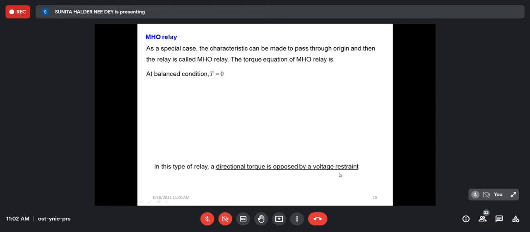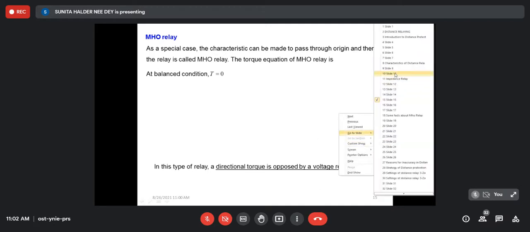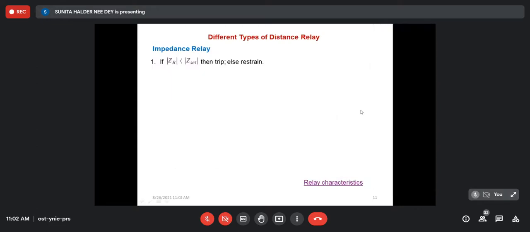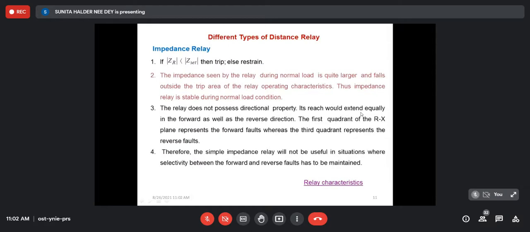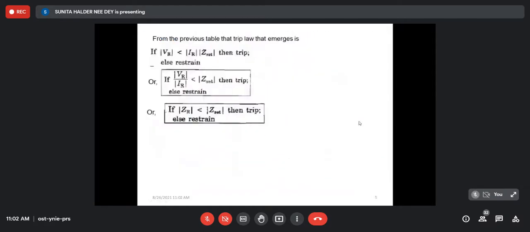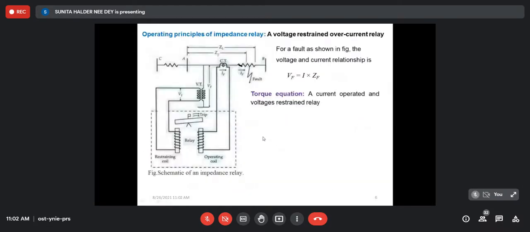The actual impedance relay was the overcurrent relay with the voltage restraint. This one. What was this? This is the overcurrent relay, but its operation was restrained by the voltage coil.